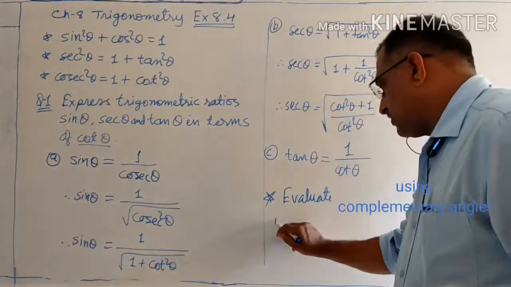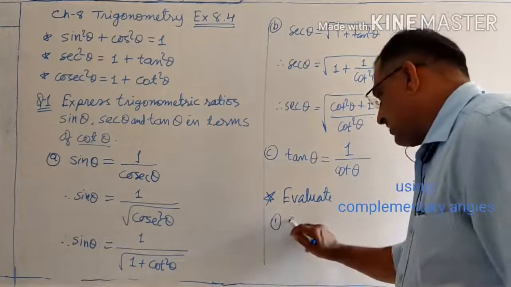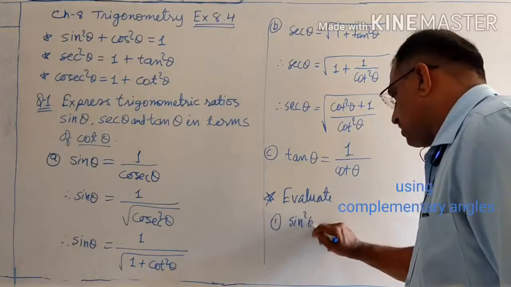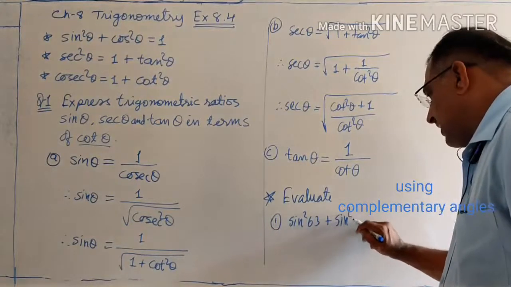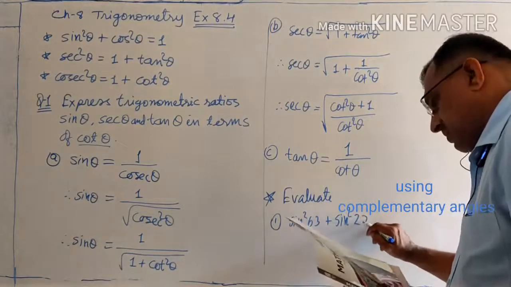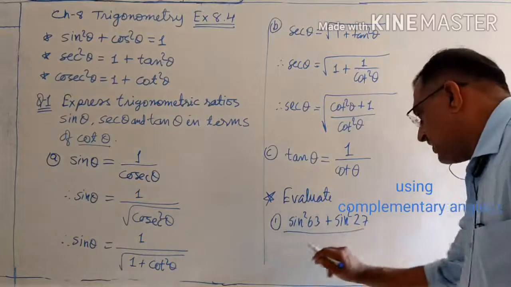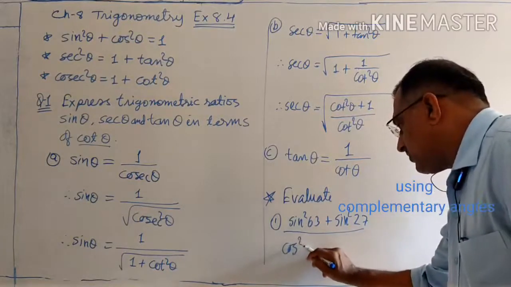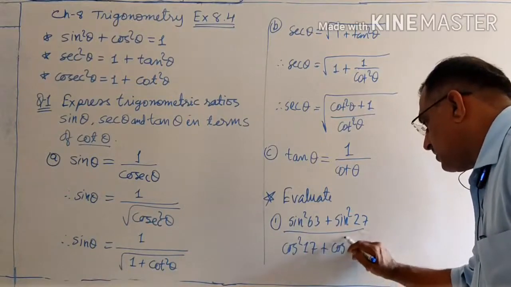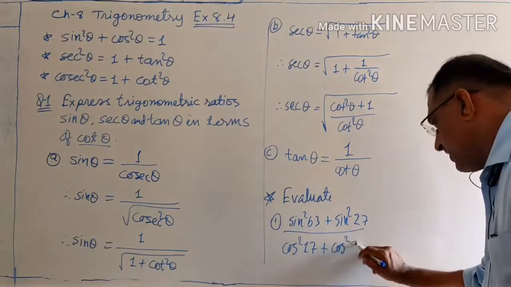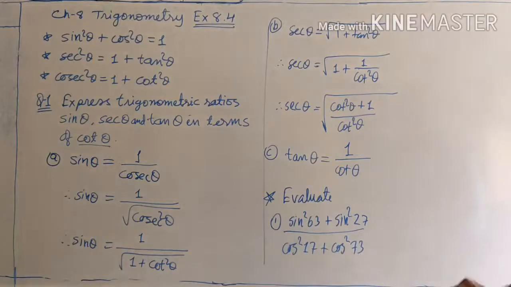So in this first one is given sin square 63 plus sin square 27 divided by cos square 17 plus cos square 73. So let us solve this.